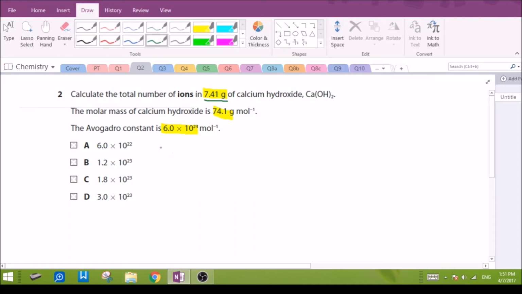Let's find the number of moles of calcium hydroxide. We use the mass, 7.41, over the molar mass, 74.1. So we know that there are 0.1 moles of calcium hydroxide.